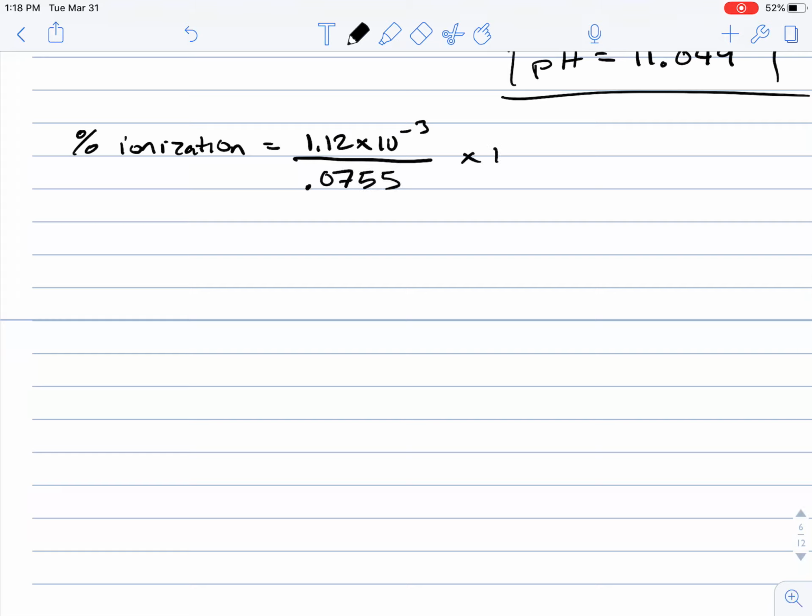Then we're going to multiply that by 100. If you plug that into your calculator, the percent ionization is 1.48%. And so of this initial molar concentration of morphine, only 1.48% of it will ionize water to produce the hydroxide.